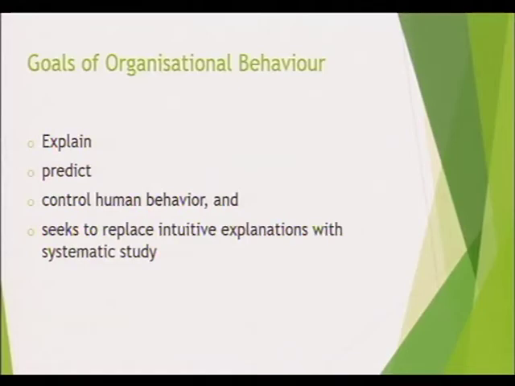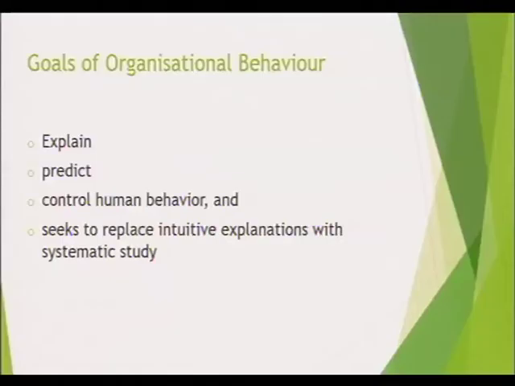So organizational behavior tries to explain what is happening in the organization, tries to explain how a particular individual employee, what role does that person play, what value does that person add, what needs to be done to that particular employee, and then you go to groups, and then you go to the organization itself.